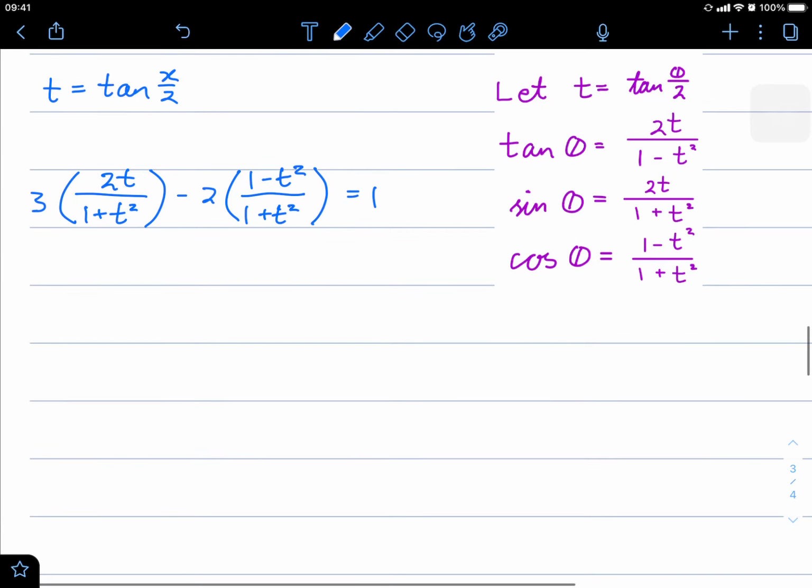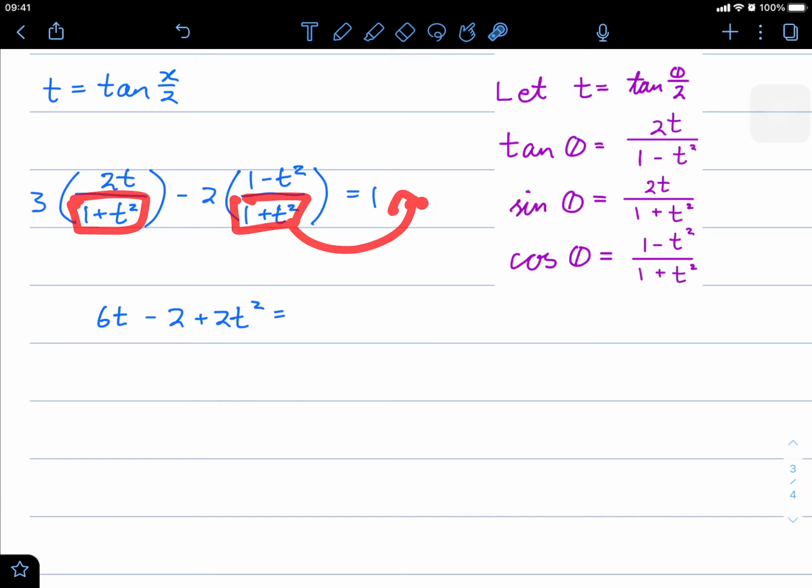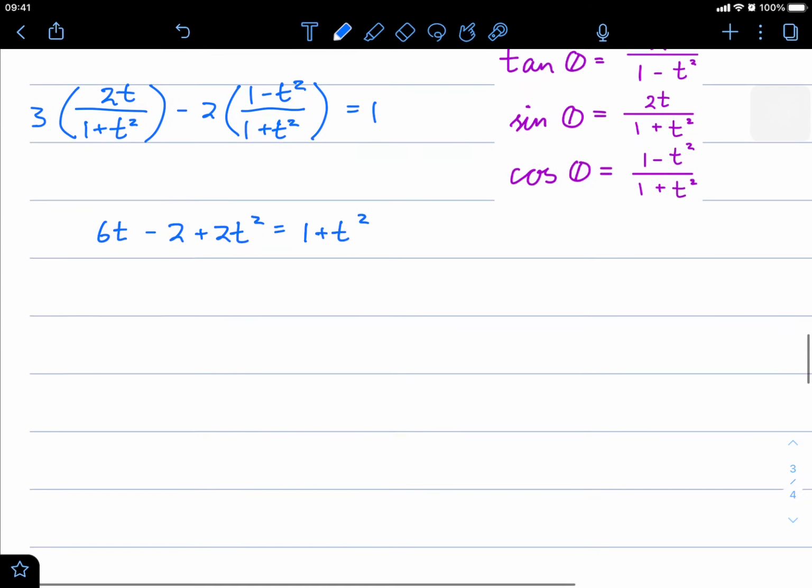We're going to do a few steps in one go. We're going to first expand this. We're going to get 6t minus 2 plus 2t squared. And by multiplying by this denominator, we're moving it as 1 times this denominator here. So it's going to be 1 plus t squared.